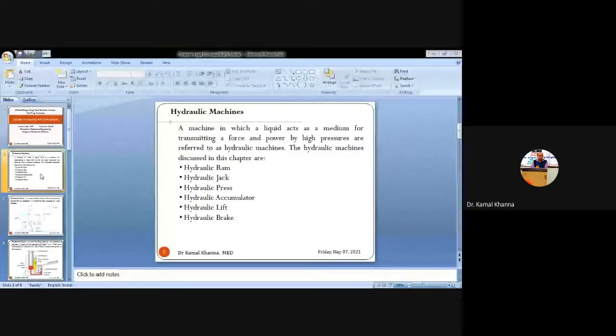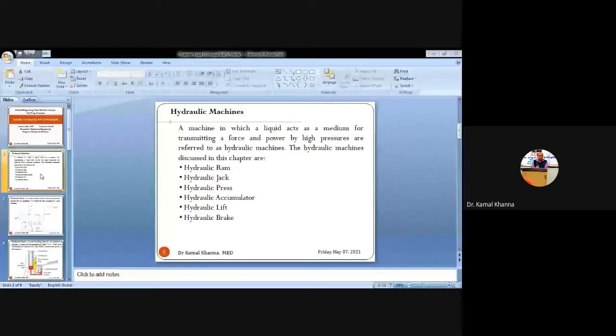We will be studying hydraulic lifts, which are used to transport luggage, goods, or human beings from one level of a building to another, maybe from the ground level to the higher levels, or from the higher levels to the ground level.